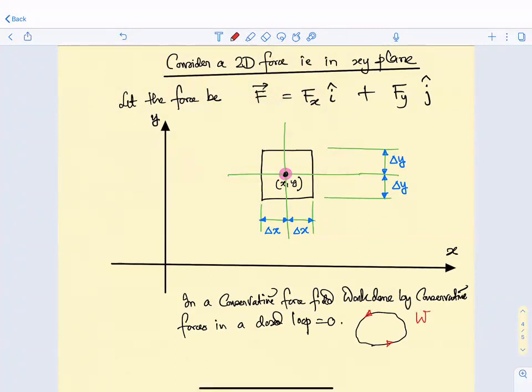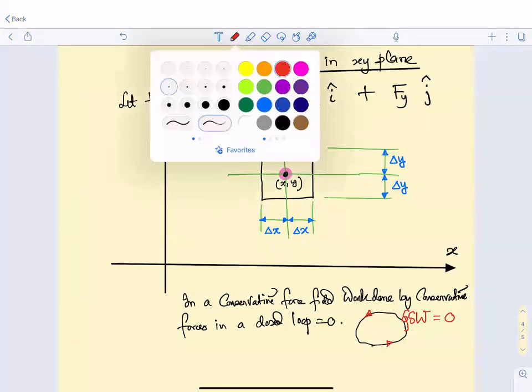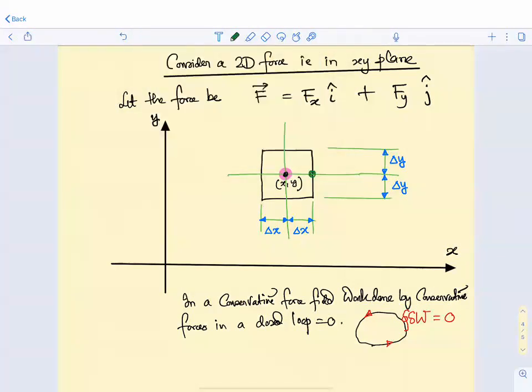That means the closed integral of dW over a path is 0. If you start from this point and move on like this and end up at the same starting point, the work done is 0. So this small rectangle is no exception to that. Here also the work done in the closed path is 0. Now this delta x and delta y are very, very small and they tend to 0.